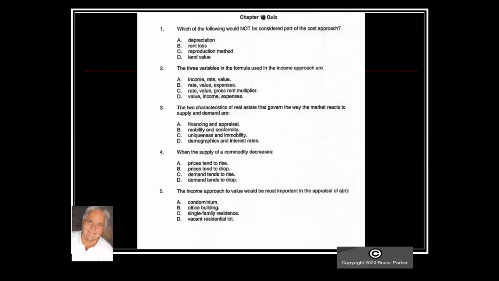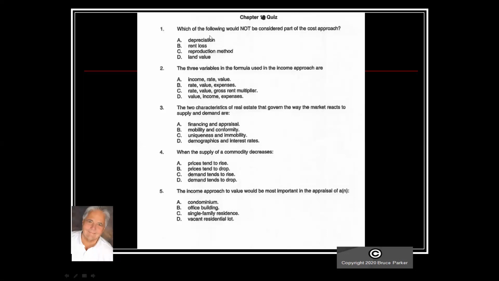All right, so now let's go over a couple of questions. Which of the following would not be considered part of the cost approach? Remember, the cost approach is the value of the imaginary building minus accrued depreciation, then adding back in the value of the land. So it says which is not. So depreciation is, because we have accrued depreciation.